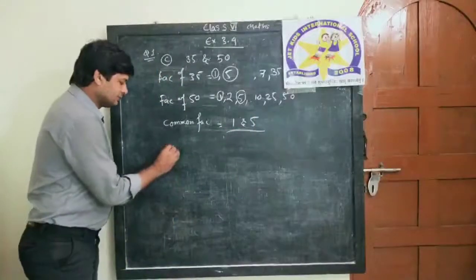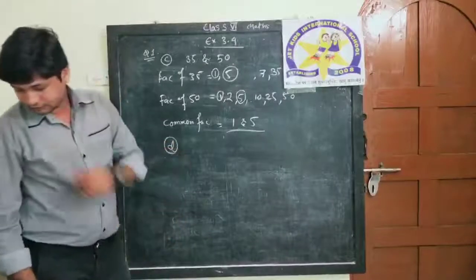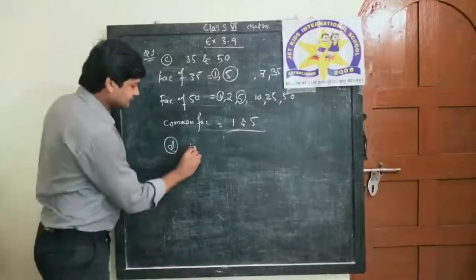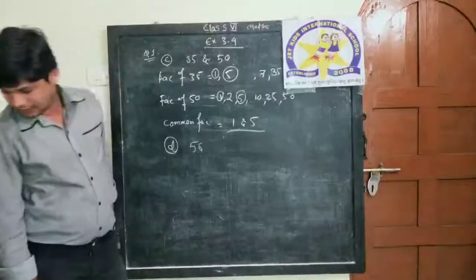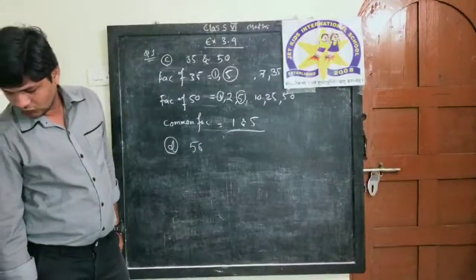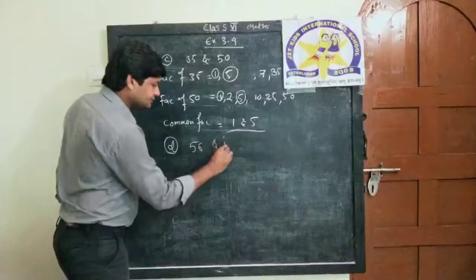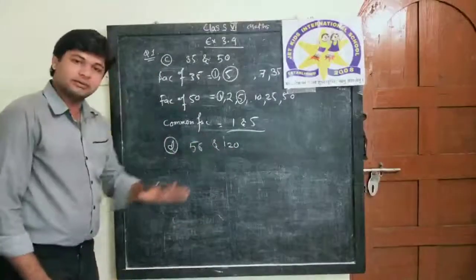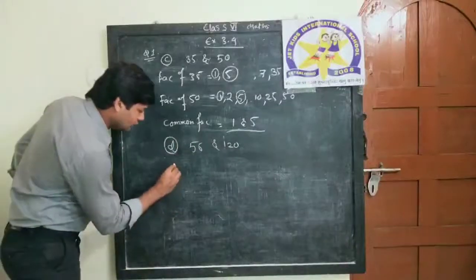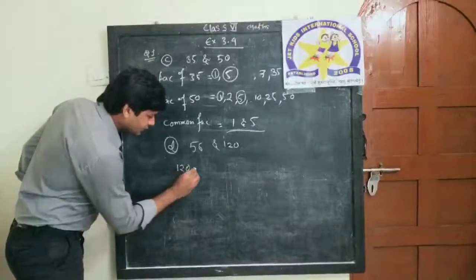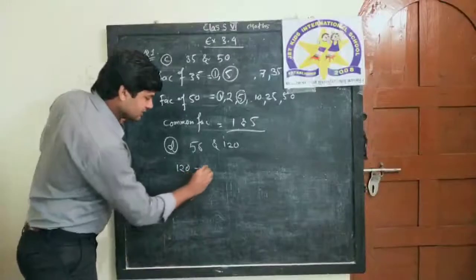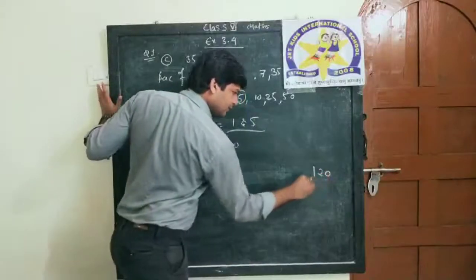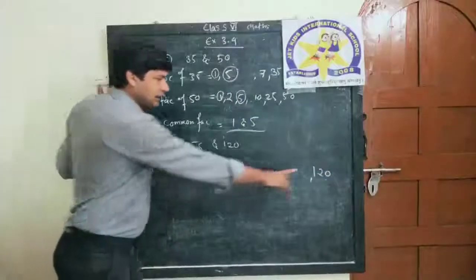Next, D is 56 and 120. Now the greater number is here, so just have a look at how I am finding factors of 120. First step: 1 multiplied by 120.